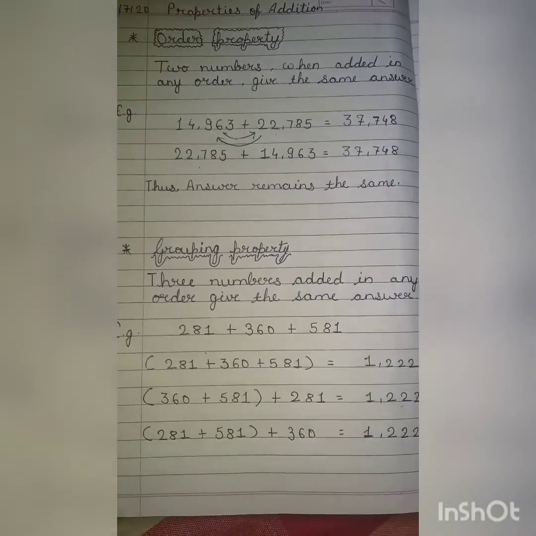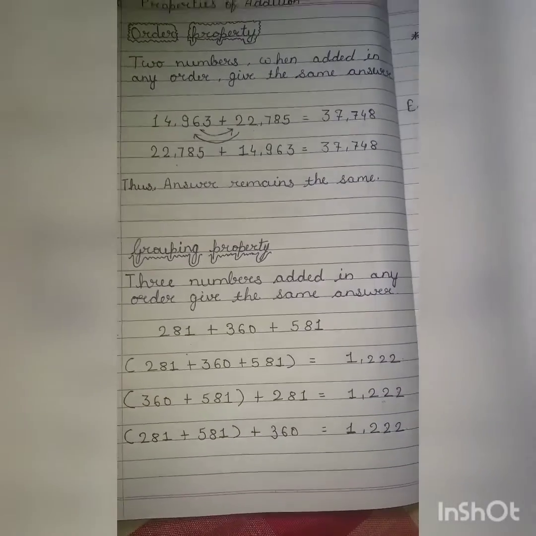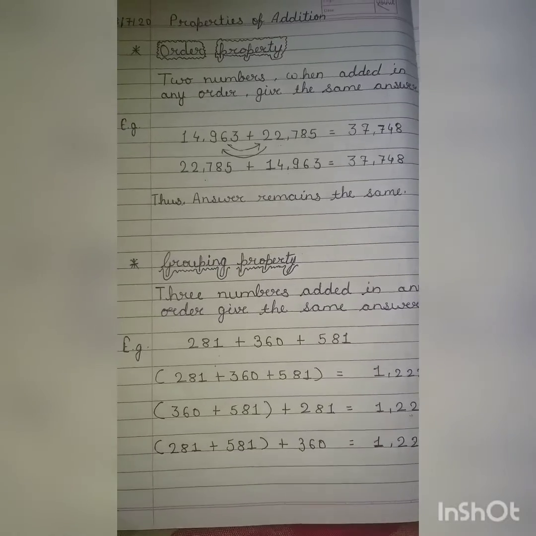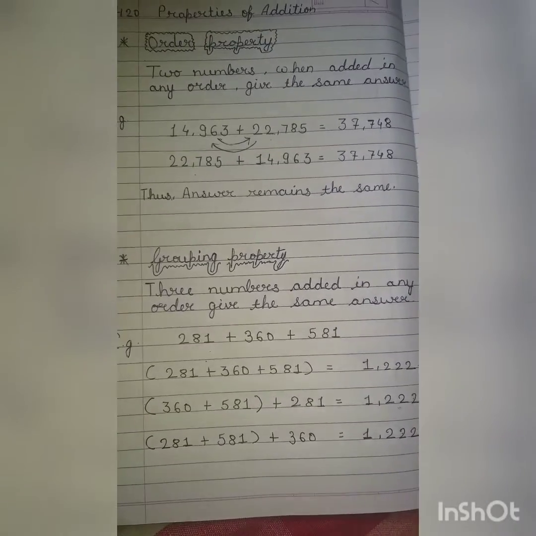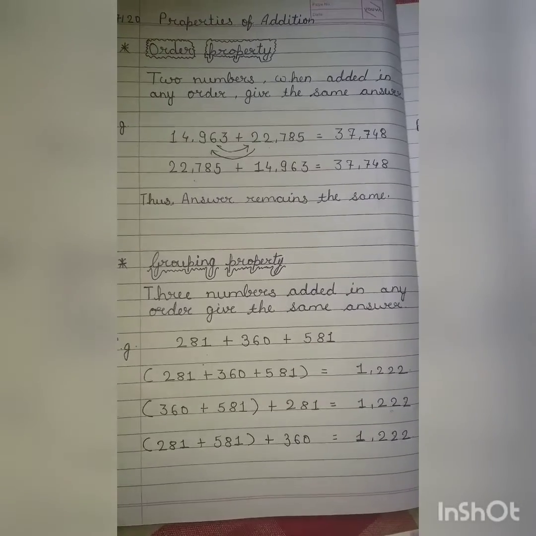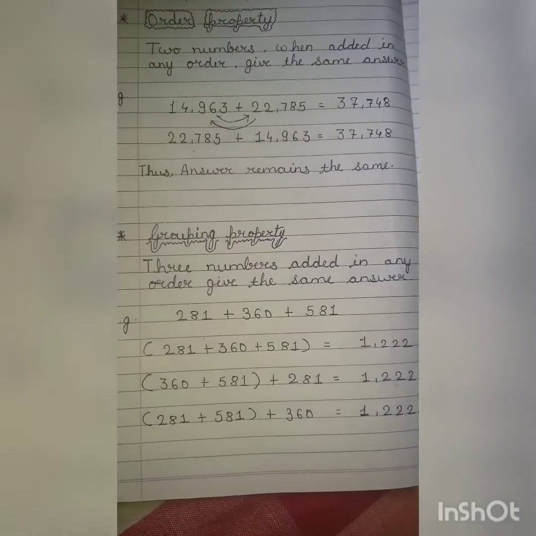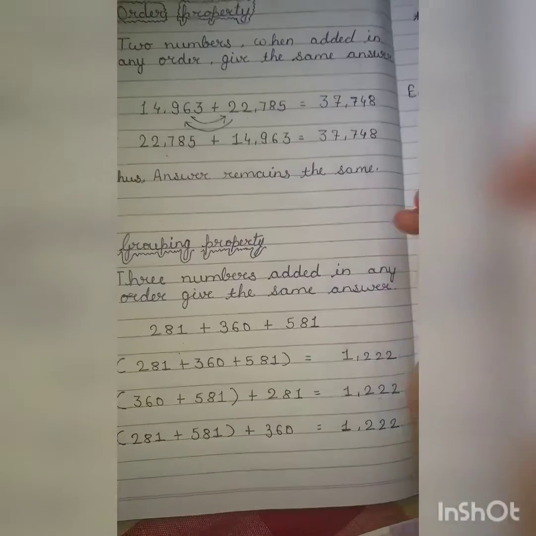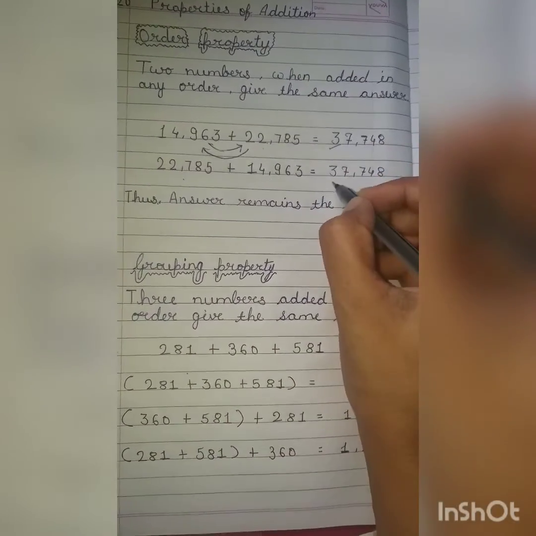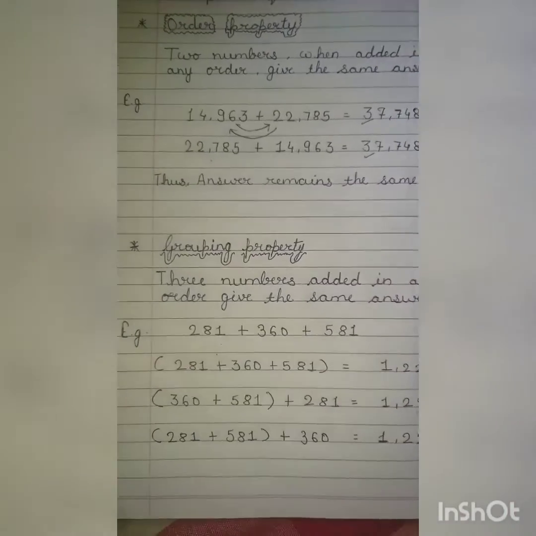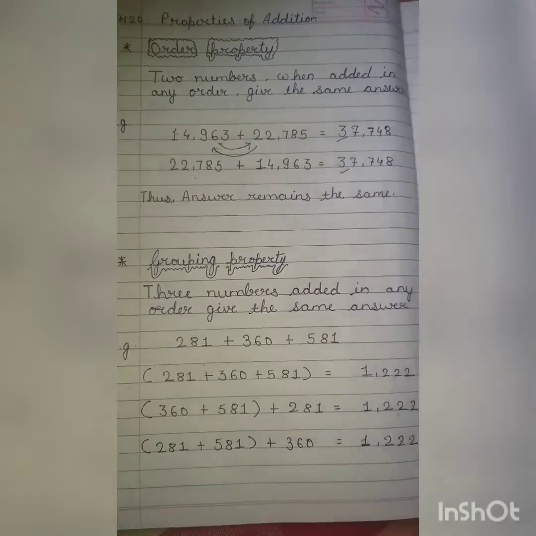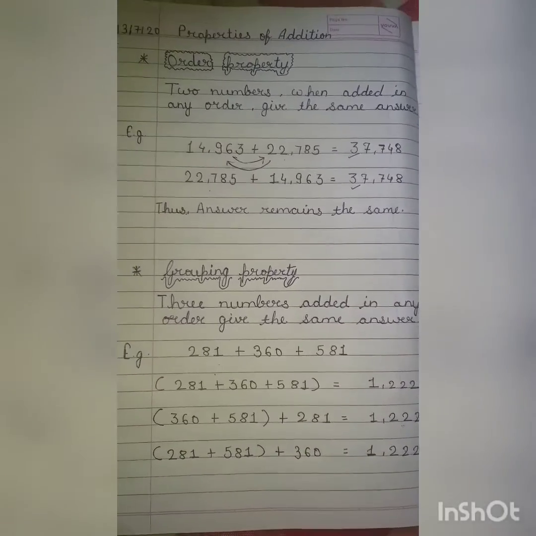So if the order of two numbers is changed, the answer is going to remain the same. In first order also answer is same and in second order also answer is same, that is 37,748. So this is our first property, that is order property.